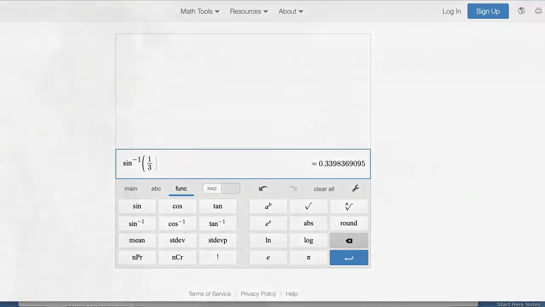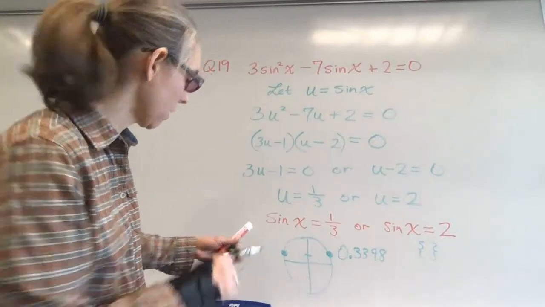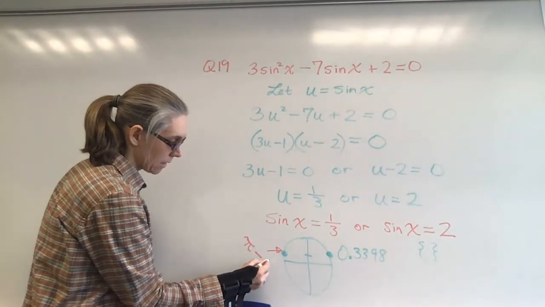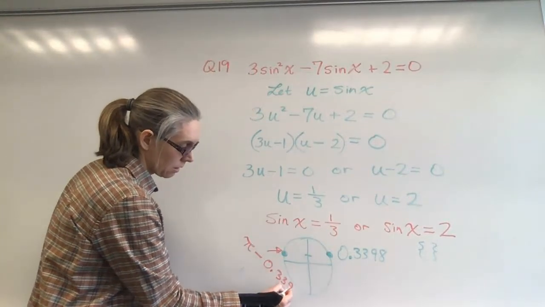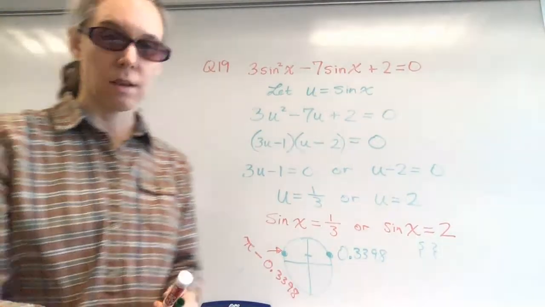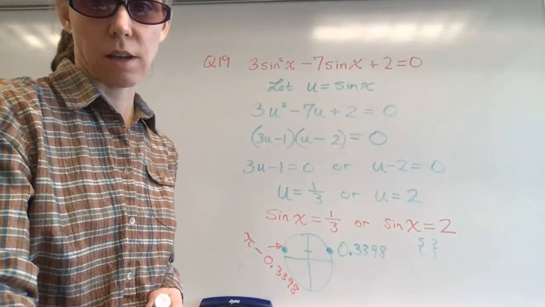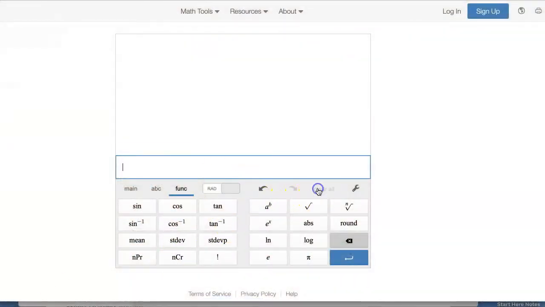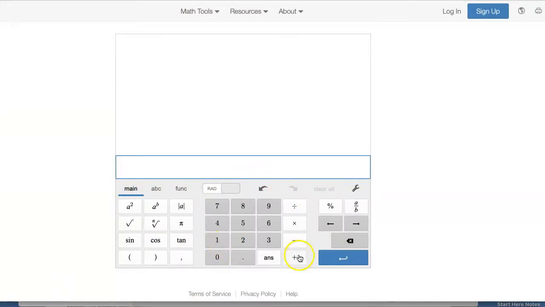And then to get your other value right over here, this is going to be pi minus 0.3398. So you go back to the calculator again, and we have pi minus 0.3398, and that would be 2.8018.